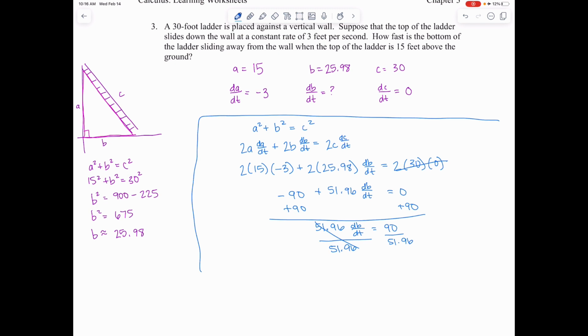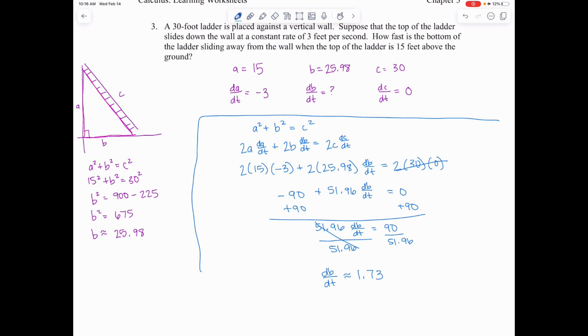Which should give us dB dt approximately 1.73.